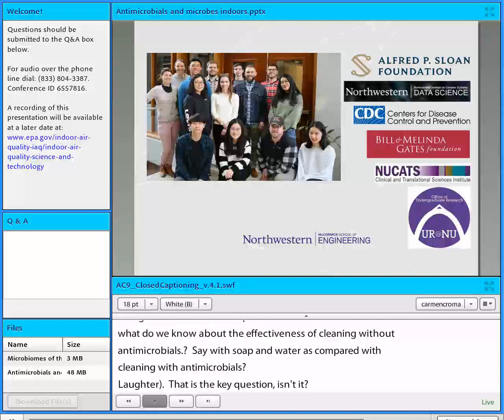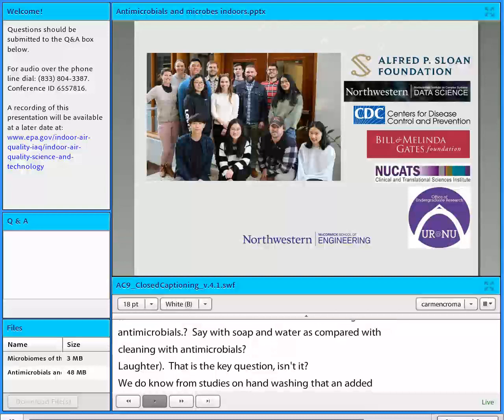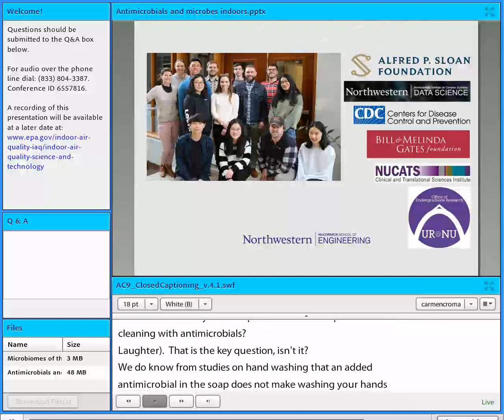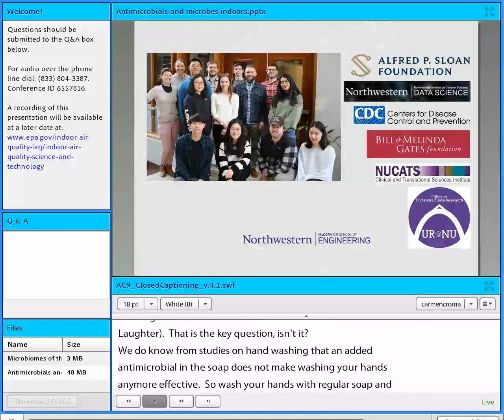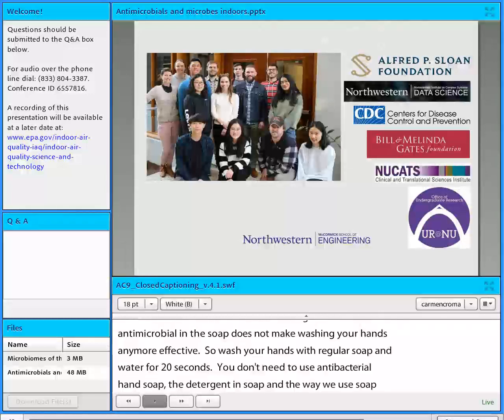We do know from studies on hand washing that an added antimicrobial in the soap does not make washing your hands any more effective. So wash your hands with regular soap and water for 20 seconds. You don't need to use antibacterial hand soap. The detergent in soap and the way we use soap itself is antibacterial enough.